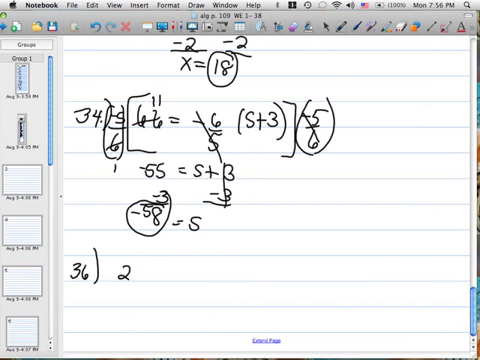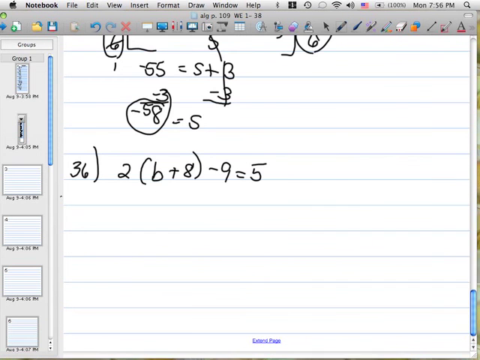Problem 36: 2 times the quantity b plus 8 minus 9 equals 5. We need to eliminate the parentheses first, so apply the distributive property. 2 times b is 2b. 2 times positive 8 is 16. Positive 16 minus 9 equals 5. Still cannot transform until I add the 16 and the negative 9.